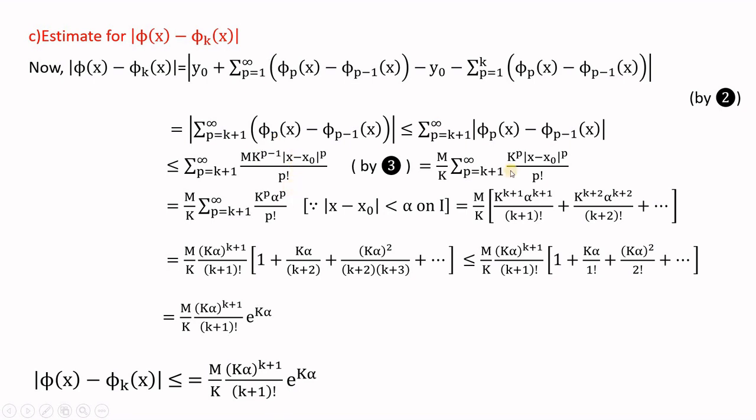Substituting this value, we will get like this, and we are taking the summation from k plus 1 to infinity of k power p modulus x minus x naught by p factorial. Putting this value as alpha, we will end like this. In this term we are taking k power k plus 1 and alpha power k plus 1 as common, and we will end like this. This value will be less than or equal to these terms, which is nothing but e power k alpha. So we have found out the value of this.